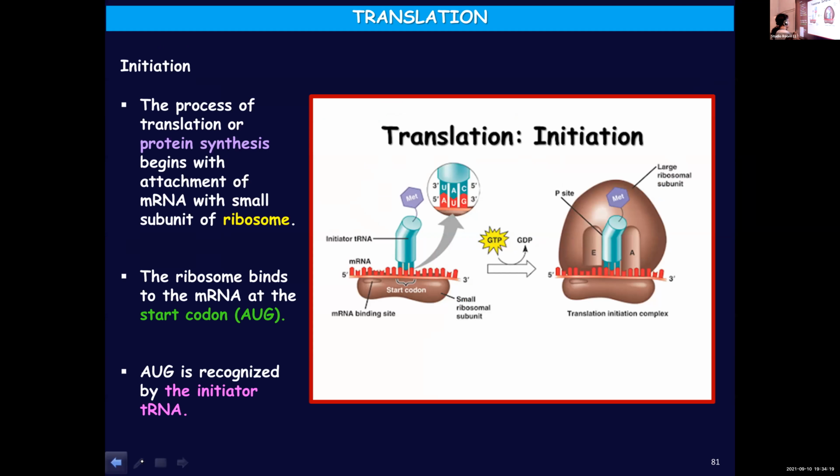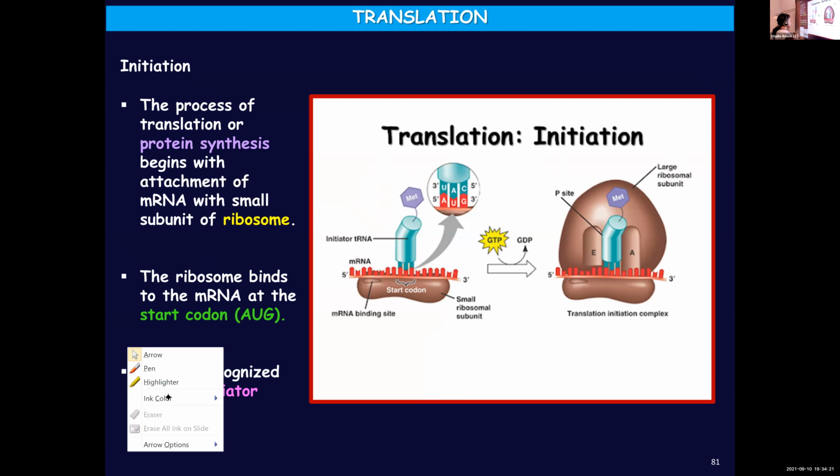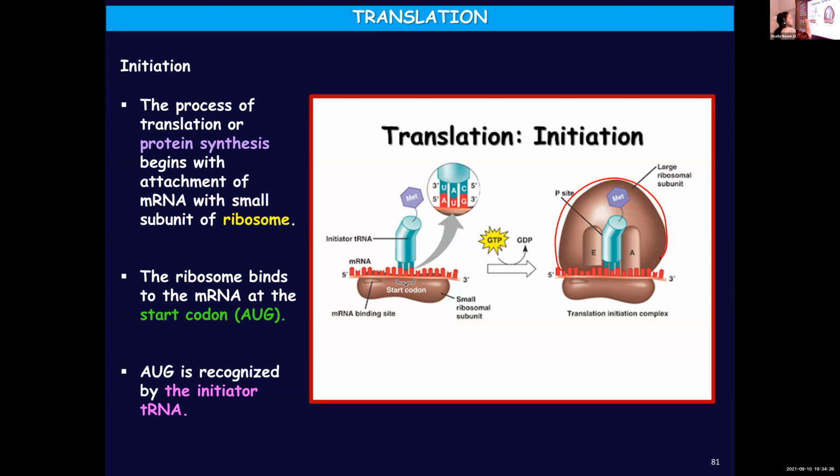Once this has happened, the bigger unit will come and get attached. Once the initiator transfer RNA has attached to the corresponding codon AUG on messenger RNA, the large subunit will join the smaller subunit, and you can see the initiator transfer RNA is present in the P site. E and A sites are free.